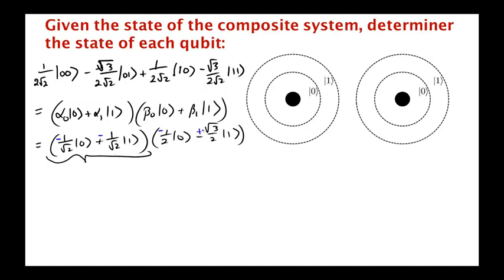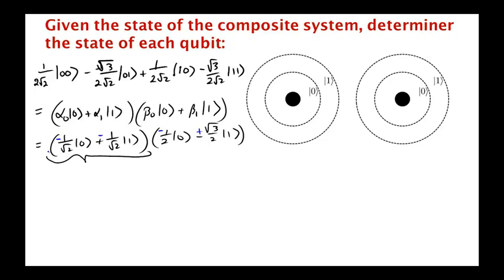And the product of these two would still be the same. In fact, we could apply any phase here and the opposite phase here, and the product would still be the same, as long as the phases cancel. But of course, the overall phase of a qubit doesn't matter, so we don't really care about that phase information. What we care about is understanding the state of each qubit up to a phase.